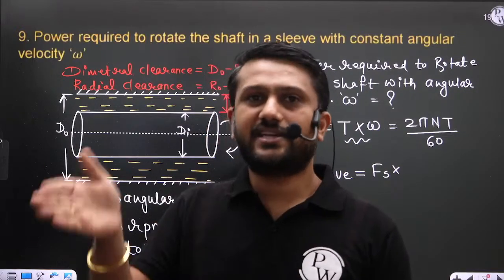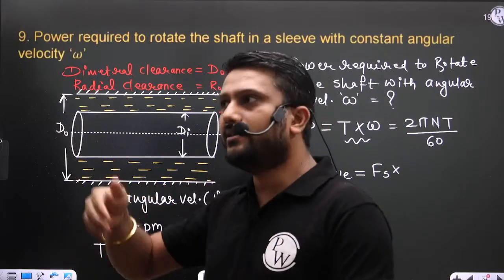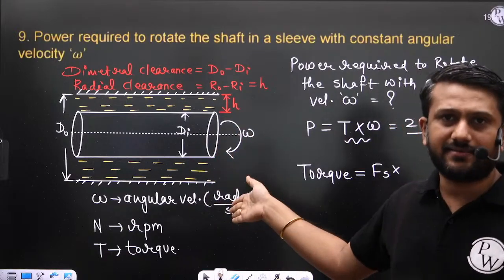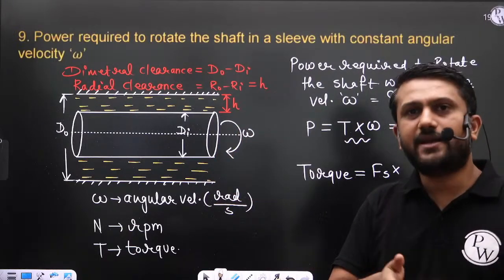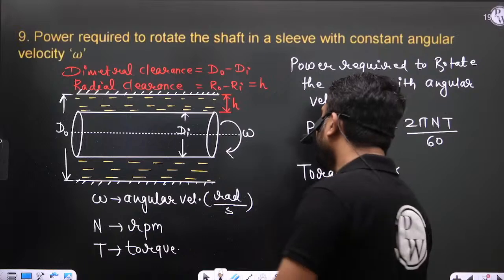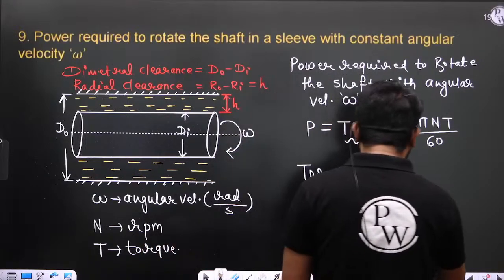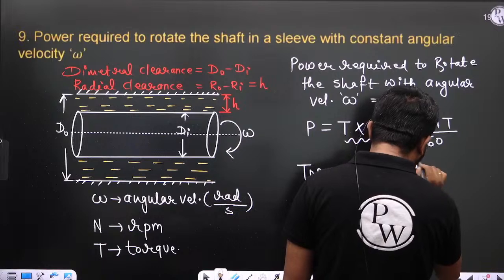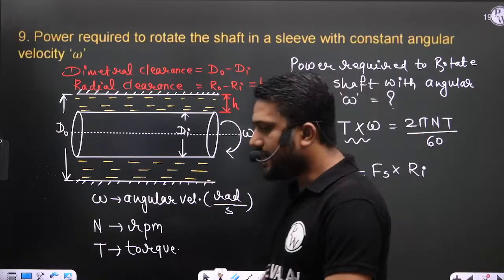What is the basic definition of the moment? The moment is the force multiplied by the distance, in this case the radial distance. So we can say this is Fs multiplied by Ri.